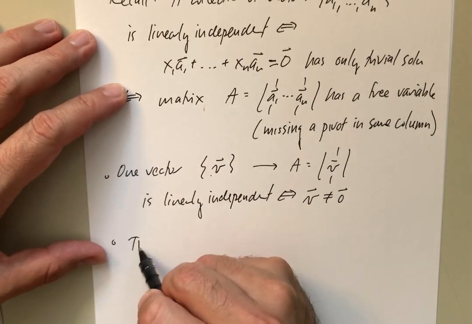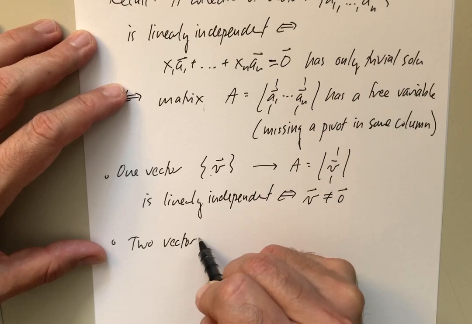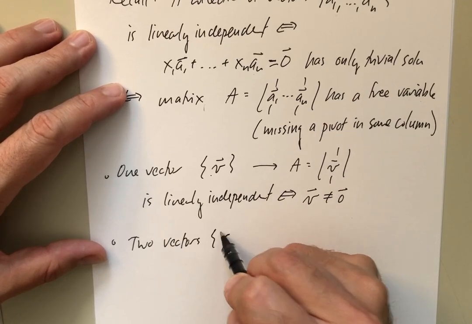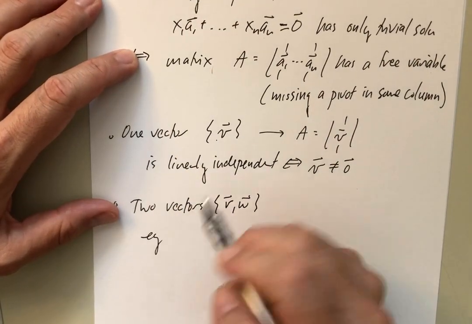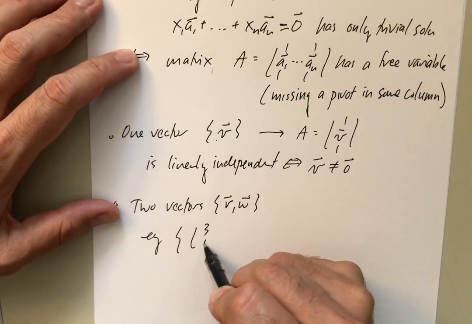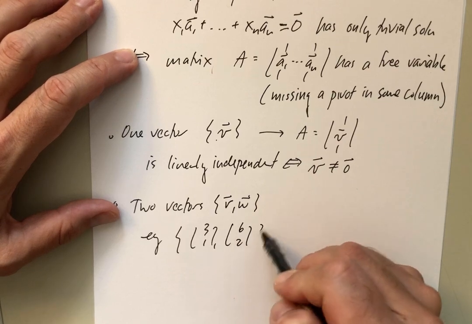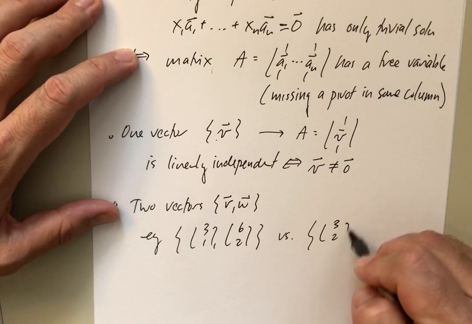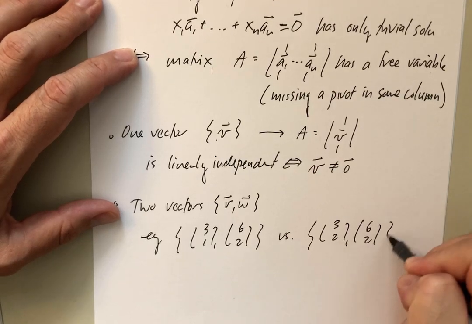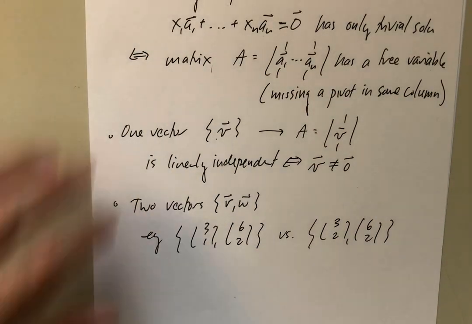So just to get that out of the way, what about two vectors, say v and w? I think I'll do this with an example. For example, if you took (3, 1) and (6, 2), let me compare that with (3, 2) and (6, 2). Notice, how are these different?